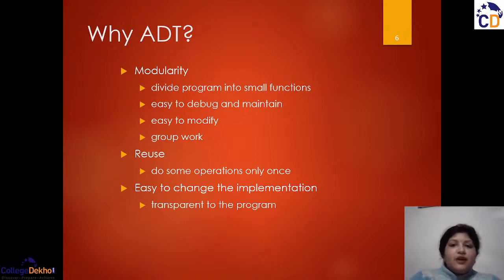One function can be decomposed into further sub functions. So we are solving the problem by using the concept of modularity, right? So that small modules can be debugged and tested, and then integrated to have a full program. So it is easy to debug and maintain, easy to test, easy to modify.